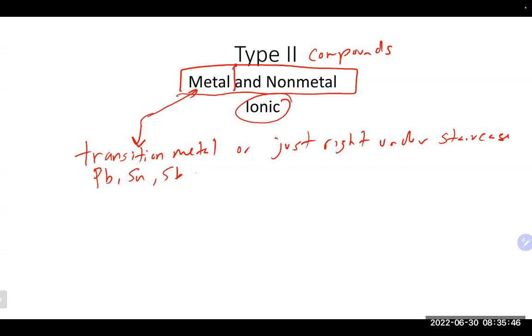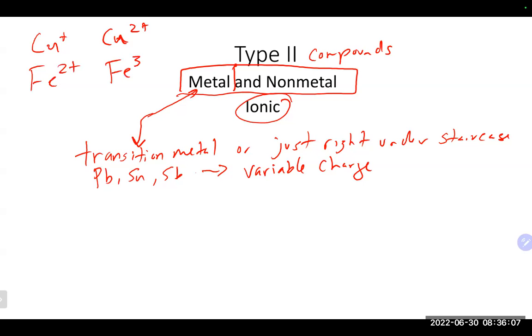What all these share in common is that they have a variable charge. Something like copper, for example, can be copper with a +1 charge or copper with a +2 charge. Iron could be iron with a +2 charge or iron with a +3 charge.